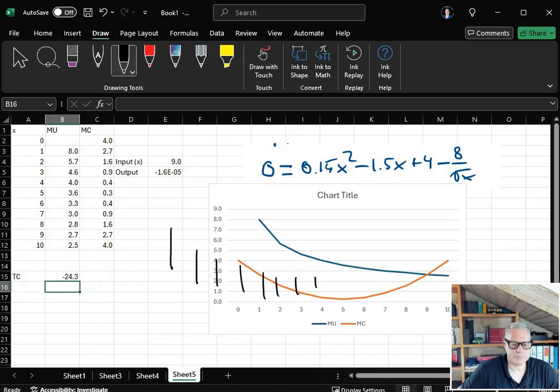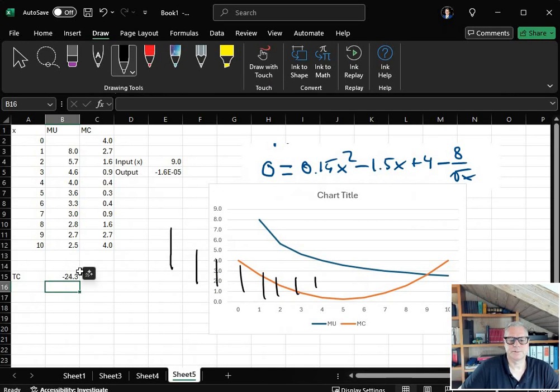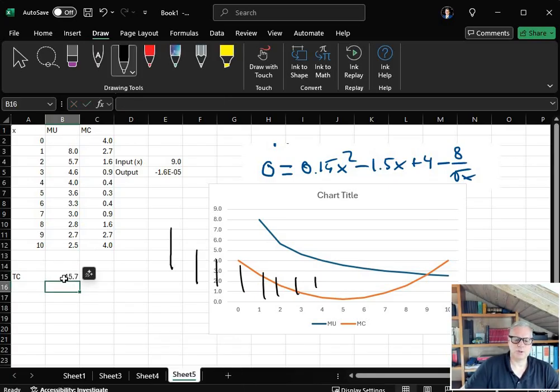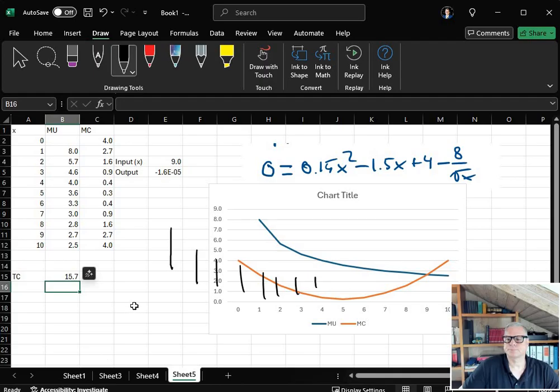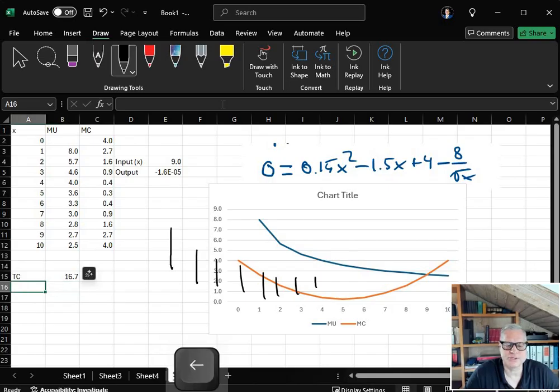Okay, what was the other one? Plus 4x plus 5, plus 4 times 9 plus 4. So the total cost is 15.7. Oh, it's actually plus 5. So the total cost is 16.7.